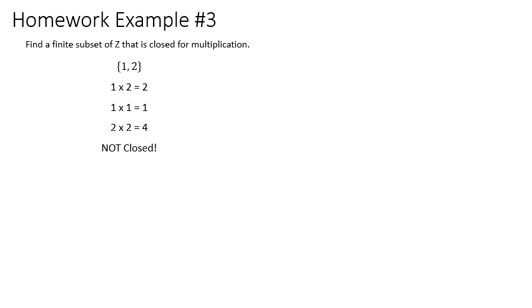I would think about very small numbers, and if you just think about it for a few minutes, now that you've seen this example, you should be able to come up with a subset. There's a few different subsets that will work. They all contain similar numbers. So anyway, I want you to think about that, and hopefully this will help you get to your answer. All right, good luck with your homework.